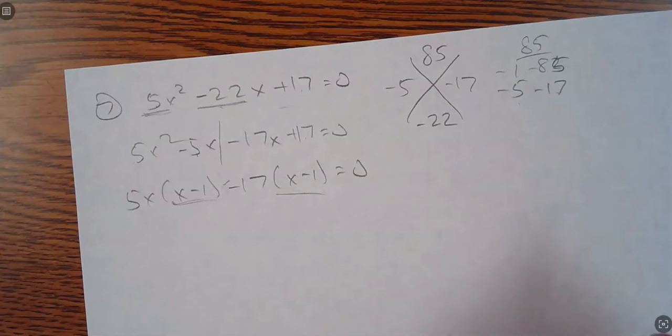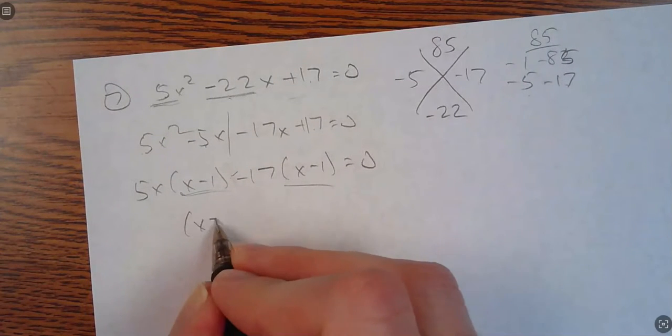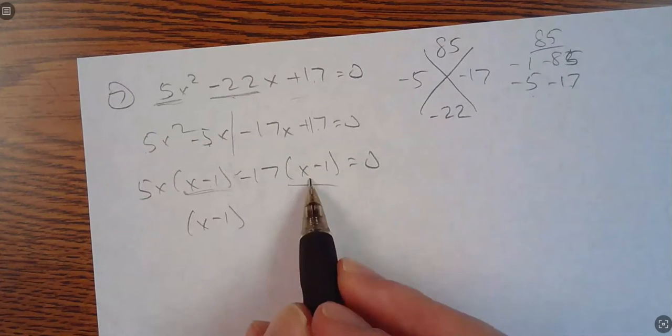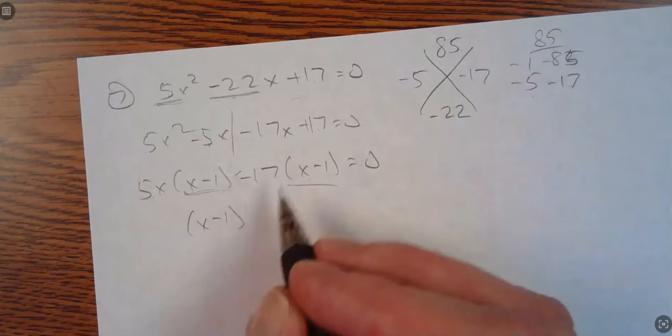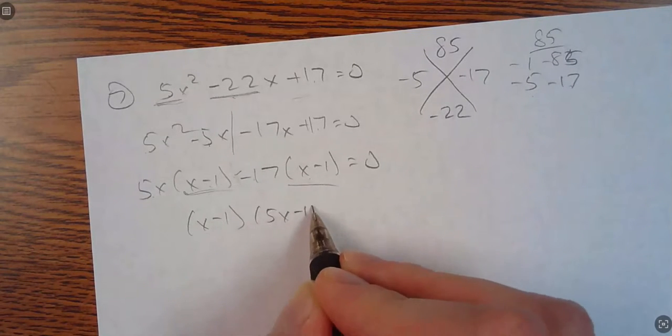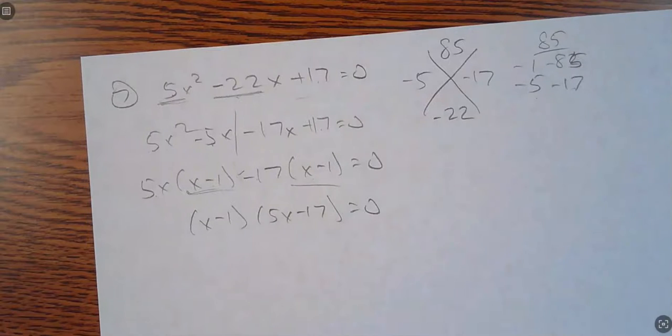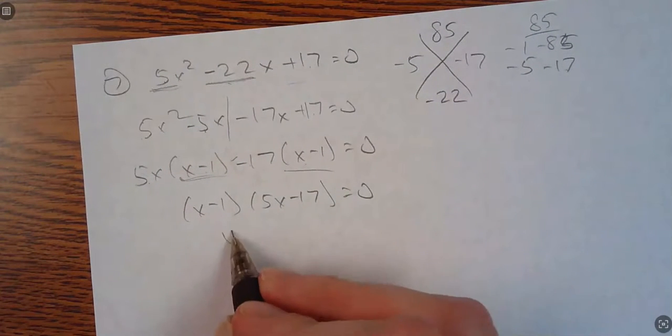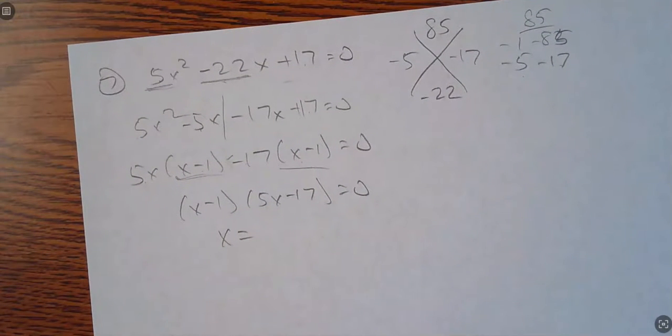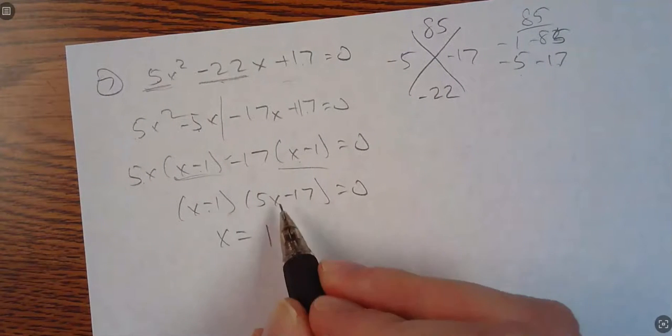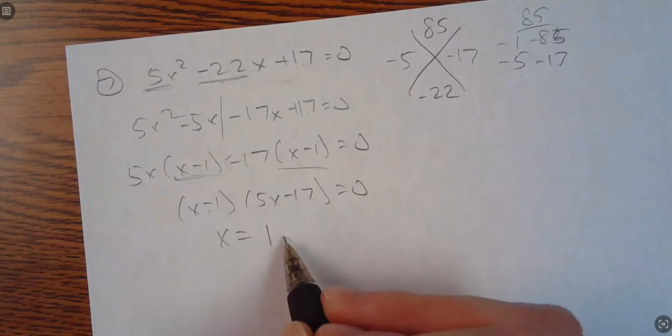And if they both have that binomial in them, factor that out. So if I took this out of both of those, the only thing left would be 5x minus 17. Of course, they do want to know what x equals. In the end, we have to write down what x equals. So mine would be 1, and this one would be 17/5.